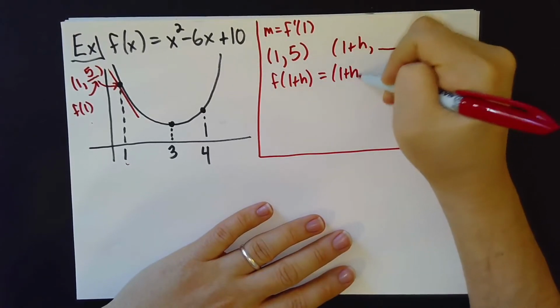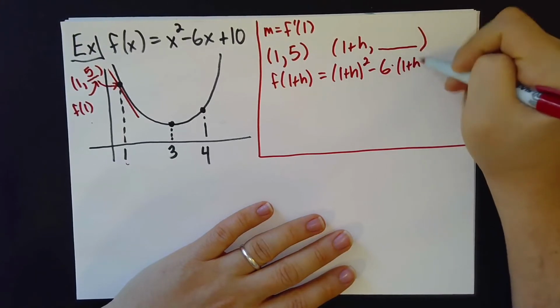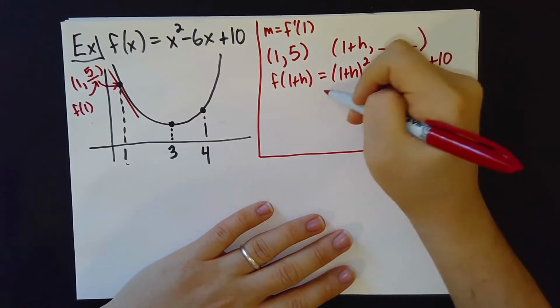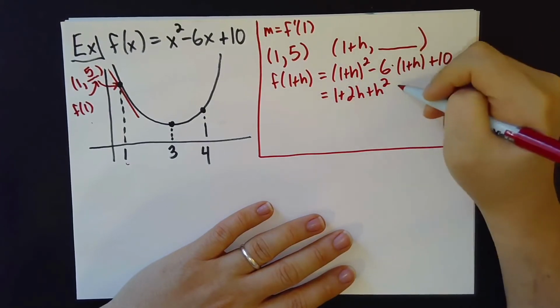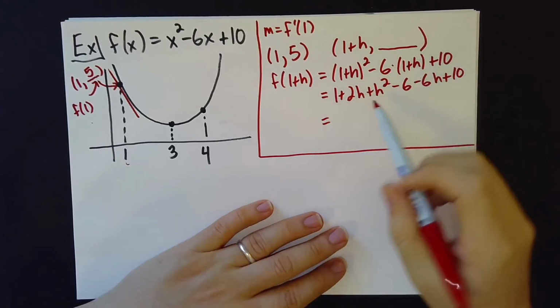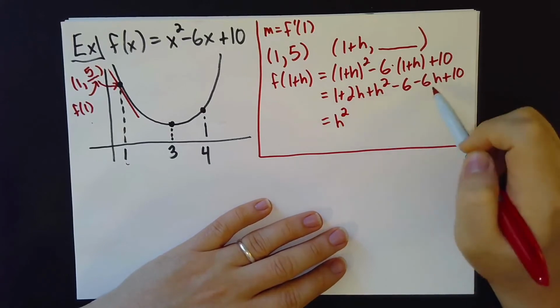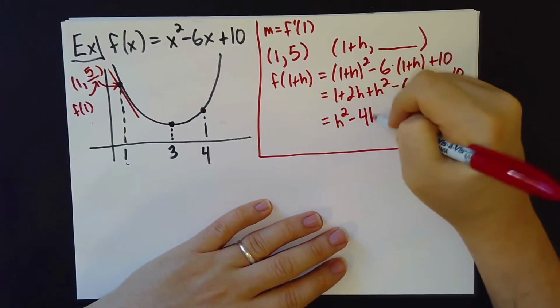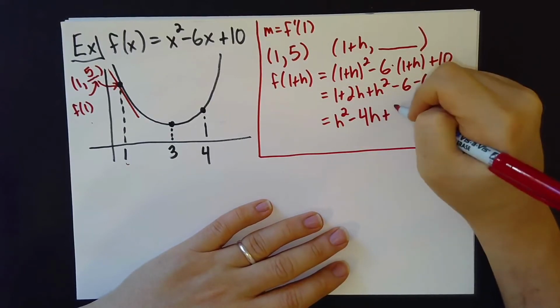It is 1 plus h squared minus 6 times 1 plus h plus 10. That is 1 plus 2h plus h squared minus 6h plus 10. So this is going to be h squared minus 4h plus 5.